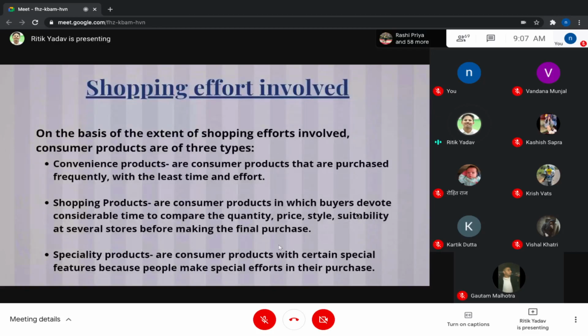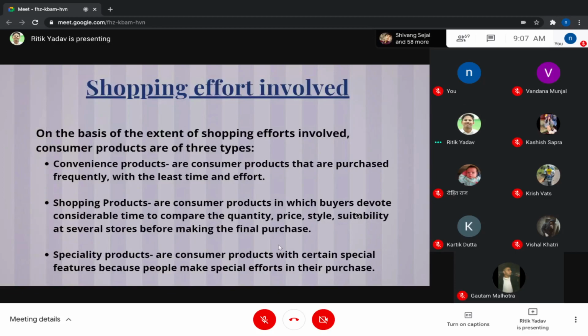If we talk about convenience products, these products are purchased frequently with least time and effort. They have a low unit value and are bought in small quantities. These products have regular demand because they come under essential products.